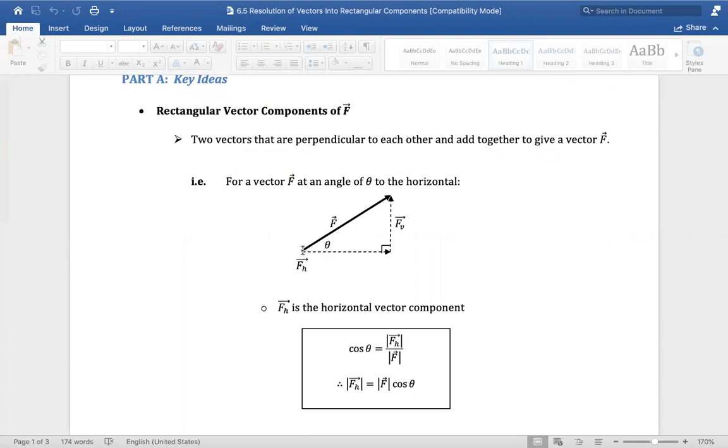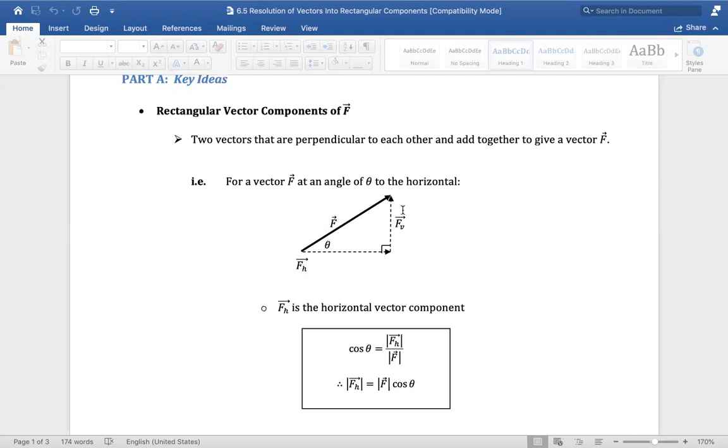If I were to start here, tail to head, and have this tail starting where this vector ends, and then here the tail to head, then the resultant vector, or my force vector, would be from the beginning of vector 1 to the end of vector 2, right? Or the tail of the beginning to the head of the second vector. So that's what we're talking about here.